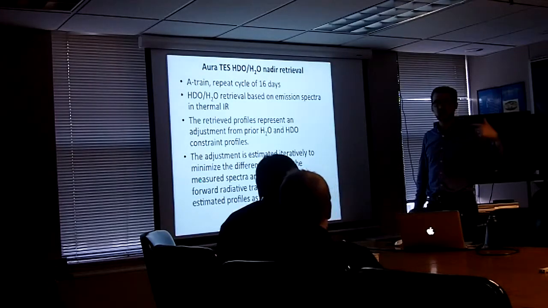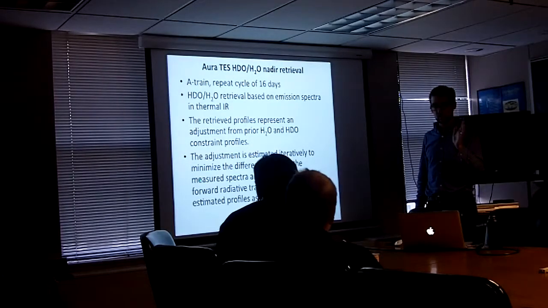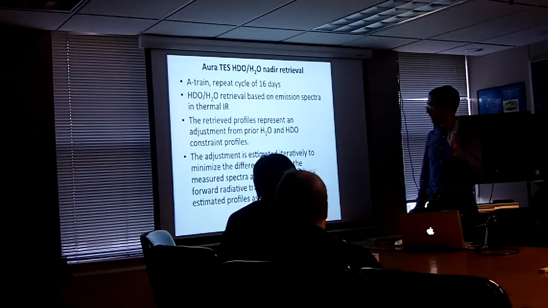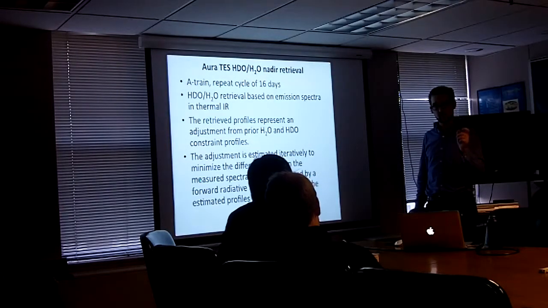This involves use of a full forward radiative transfer model, where the retrieved profile is adjusted iteratively using nonlinear optimization to minimize the difference between the spectra predicted by the forward model and that measured, right?